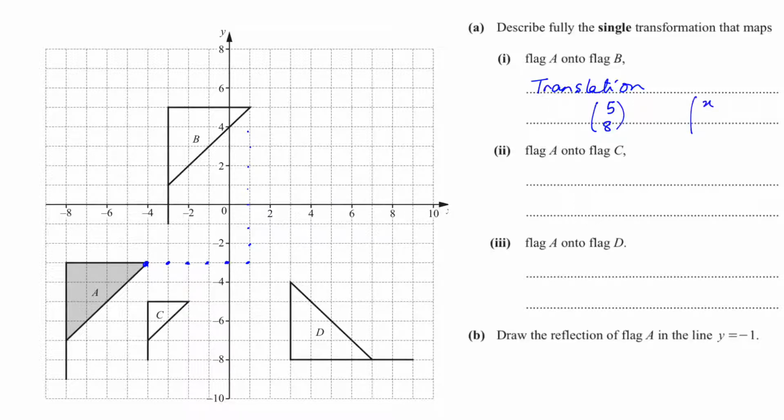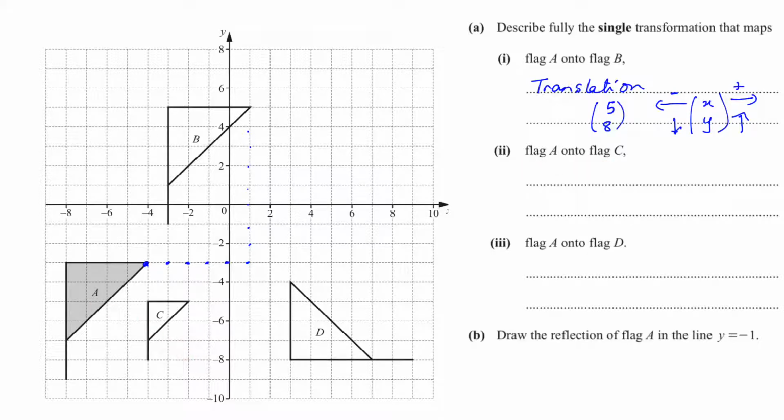We should know that the top number represents x and the down y. If it moves to the right, it means your x is positive. If it goes up, your y is positive. If it moves to the left, your x is negative, and your y, if it moves down, it is negative.